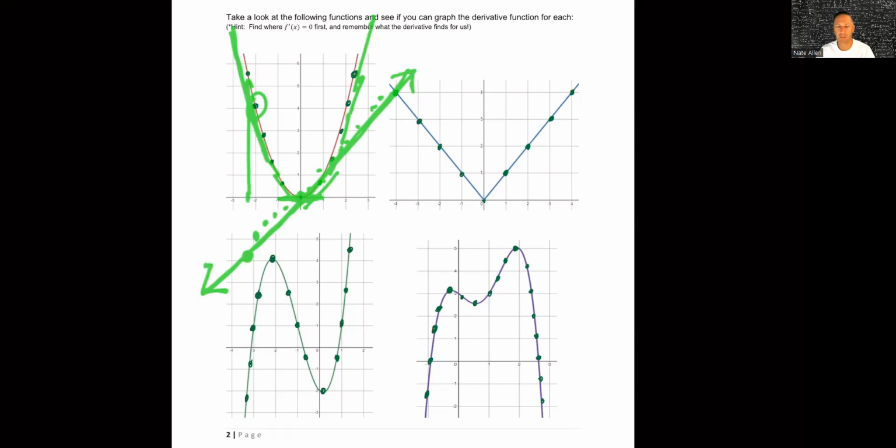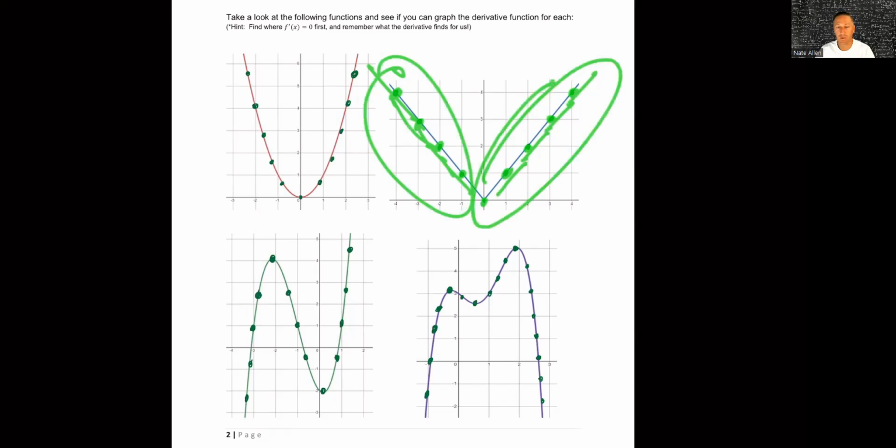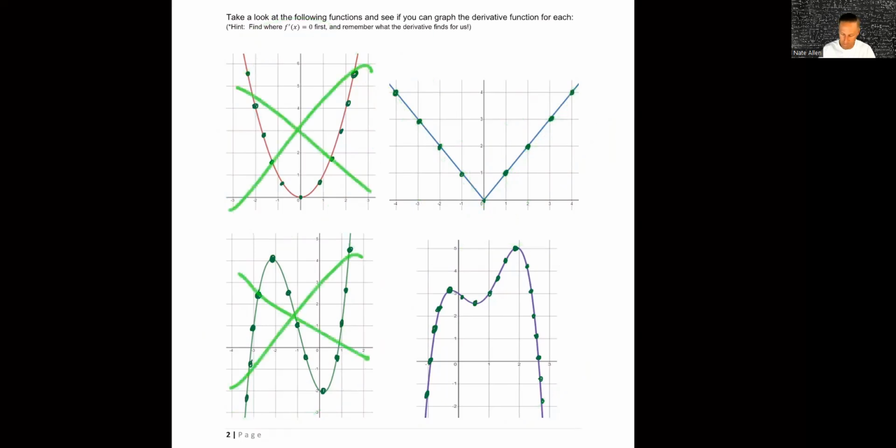Okay, let's go to the next one here and do the same thing. Let's look at every single one of these points and see if we can draw the tangent and what it would be. Well, this is a line, and that's a line. So we should know the slope of those. This is curved, this is curved, this is curved. So these are a little bit more challenging, where this, we know the slope. It's actually down one, right one, down one, right one.